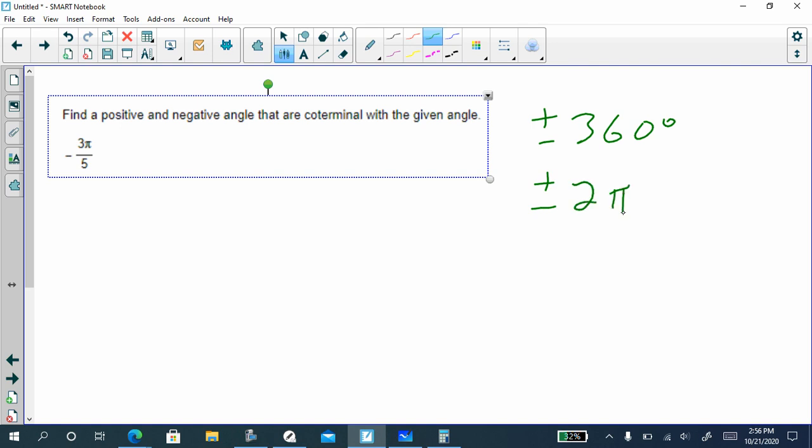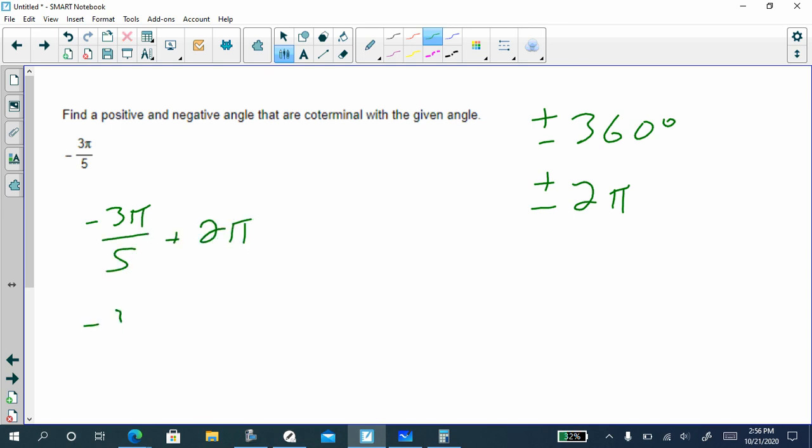So all the way around the unit circle is 2 pi radians. So if we want something that's coterminal, we would take our angle and we would either add 2 pi or we would take our angle and subtract 2 pi.